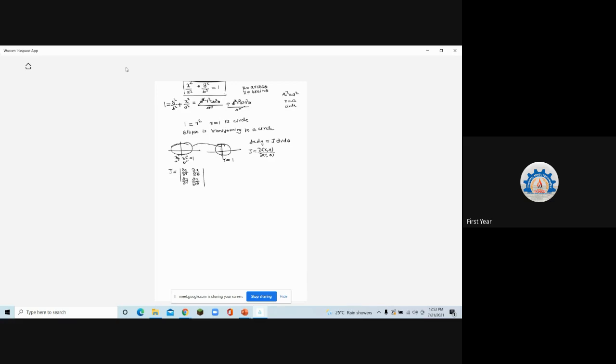So what is the derivative of x with respect to r? x is ar cos theta, so it is a cos theta. The derivative of x with respect to theta is minus ar sin theta. The derivative of y with respect to r is b sin theta, and the derivative of y with respect to theta is br cos theta.